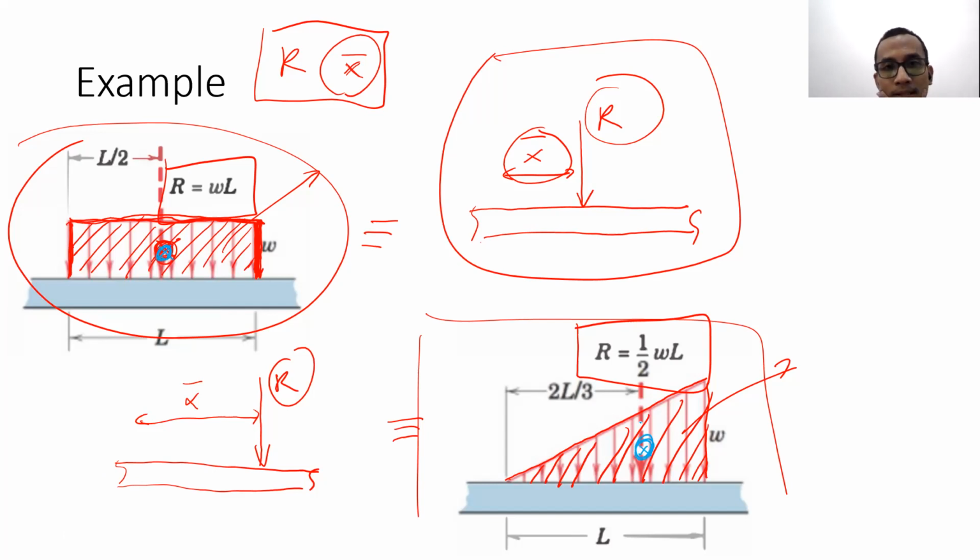For a rectangle like this, the centroid is supposed to be exactly in the middle, so L per 2 from the left or L per 2 from the right. For a triangle, the centroid is supposed to be like this: 2L per 3 from the left, 2L per 3 from the zero point, or L per 3 from the maximum point.